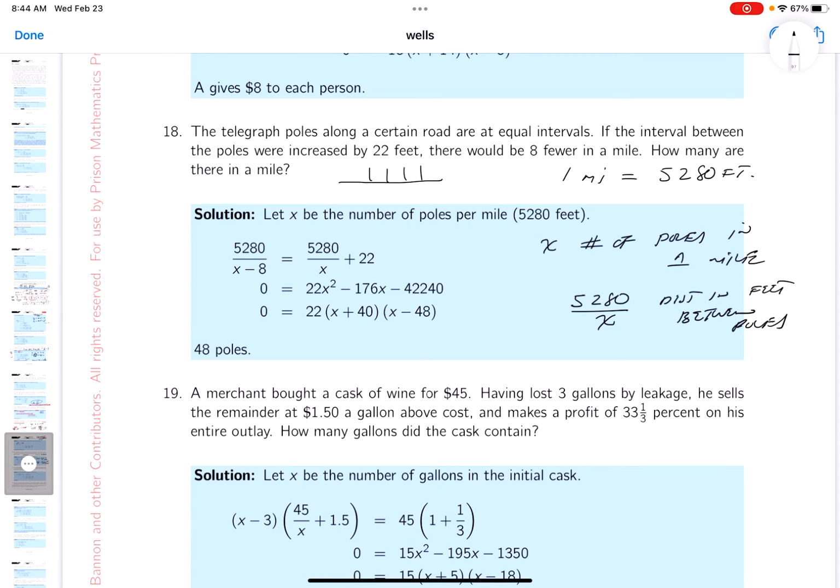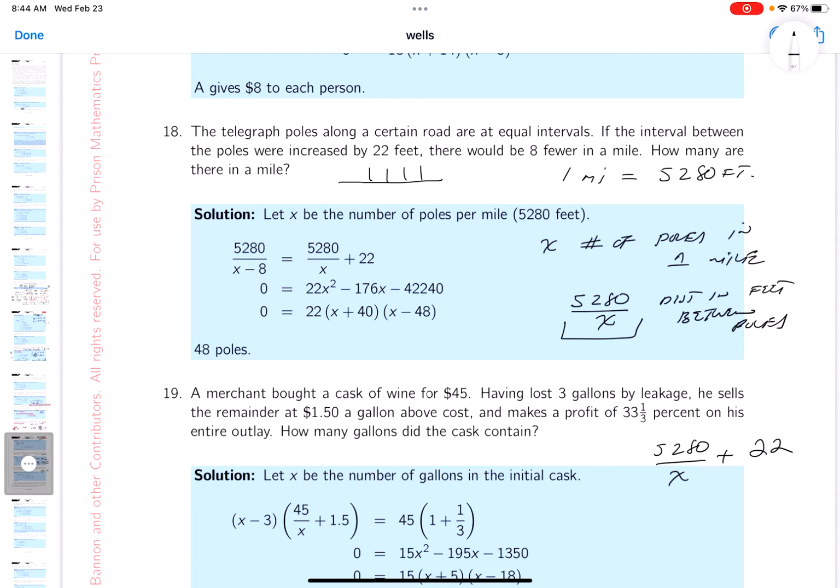If the interval between the poles were increased by 22 feet, okay, so this is the distance between the poles. If it was increased by 22 feet, right? Let me just read that again. If the interval between the poles were increased by 22 feet, there would be 8 fewer in a mile.